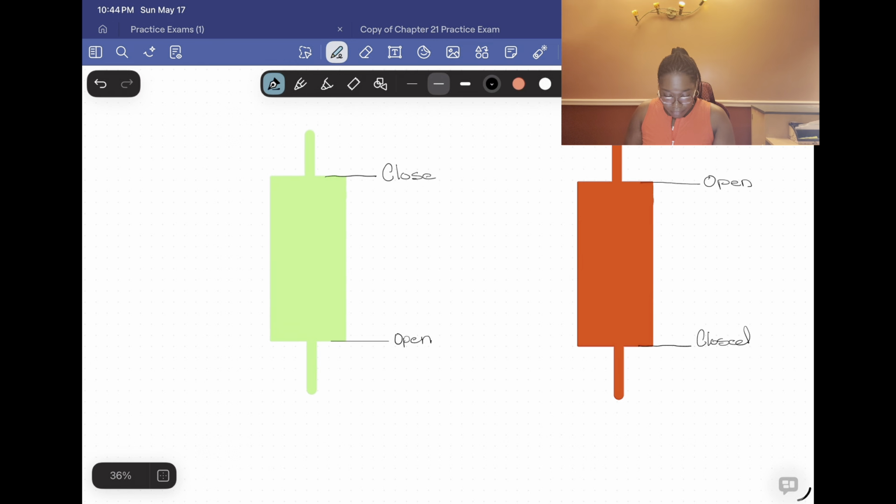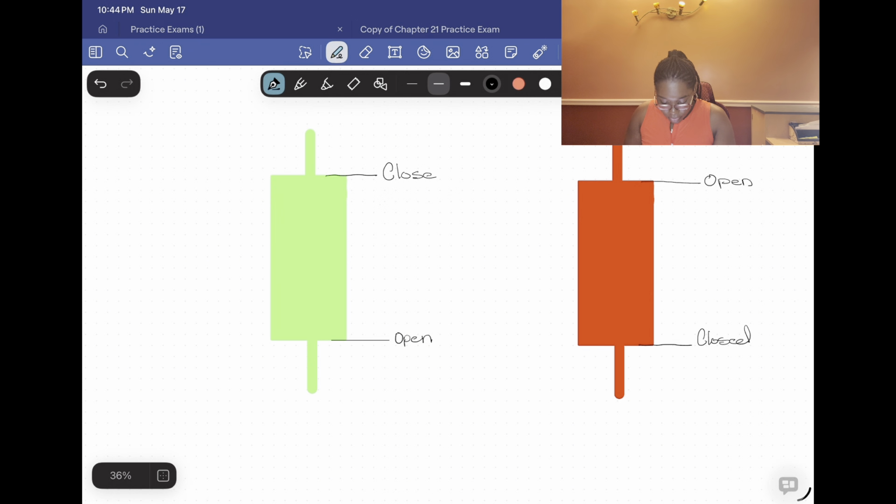So basically, let's start with the green candle. For this one, we see where it opened and we see where it closed. But the wick also represents how far price moved during that session, during that time.